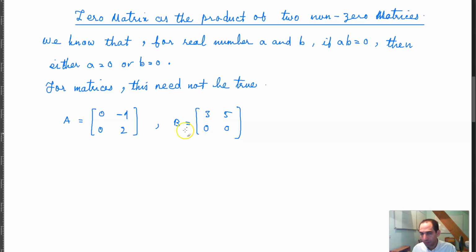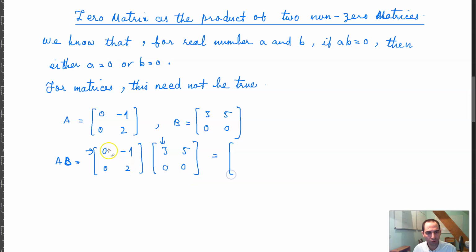Now, if I find AB, here I will have 0, -1, 0, 2, multiplied by 3, 5, 0, 0, and that is equal to a 2 by 2 matrix: 0 plus 0, 0 plus 0, 0 plus 0, and 0 plus 0.